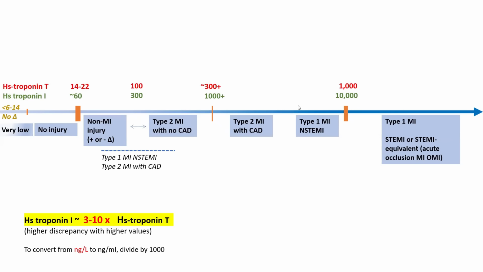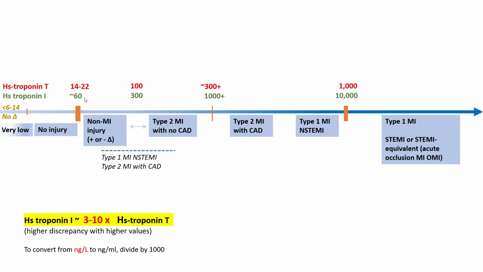Now, evidently, there's a lot of overlap between those zones. Particularly, the higher level diagnosis, type 1 MI, type 2 MI with CAD, may very well be seen at the low troponin values that are just above the MI cutoff. So you may very well have a type 1 MI here in that 14 to 100. In that zone, 14 to 100 of troponin, if you take all comers, type 1 MI is likely less than 50%, but 50% is a big number.